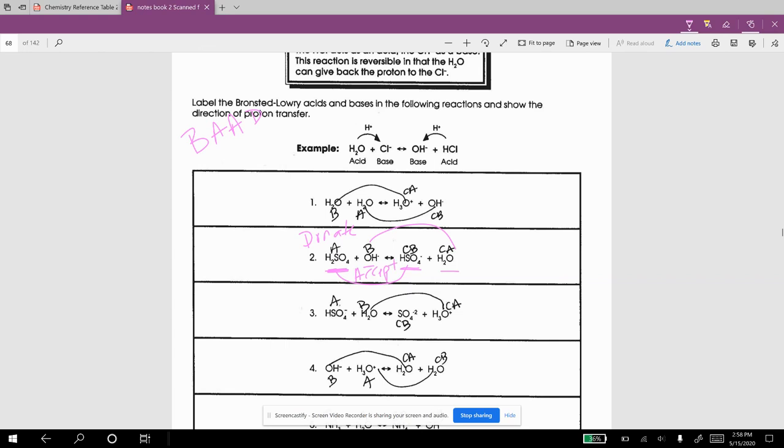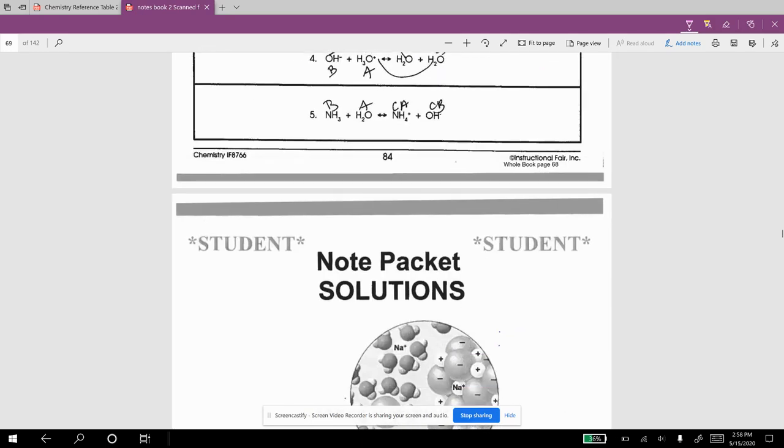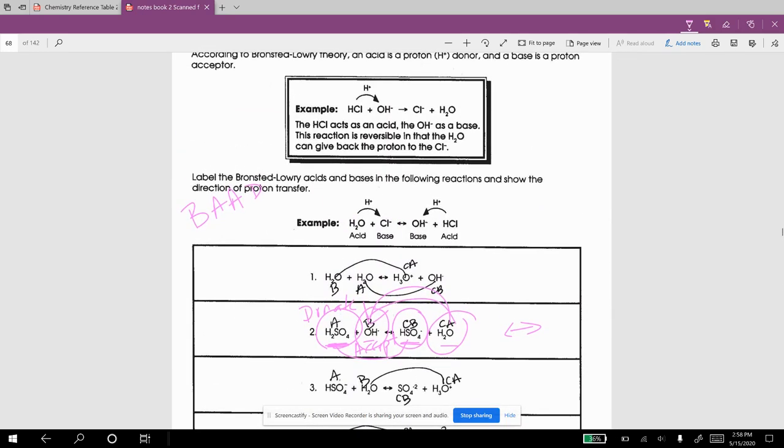And so our partners, if this is the acid on this side, its partner on the other side is called the conjugate base. If this is the base on this side, its partner is called the conjugate acid, because these read in both directions. If I read this in the reverse direction, where H2O goes to OH minus, it is now the acid and it is donating. It goes back and forth. So I just wanted to throw a quick review of that in there. And that's it for our acids and bases.